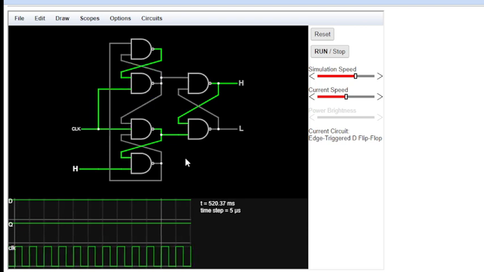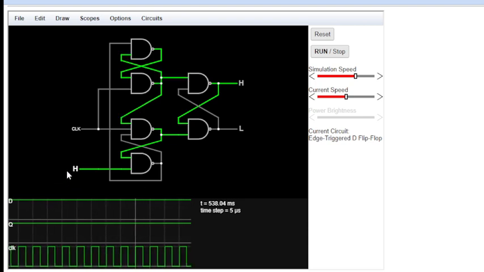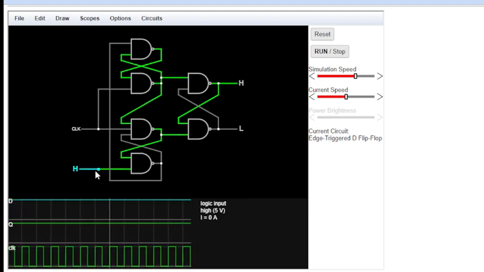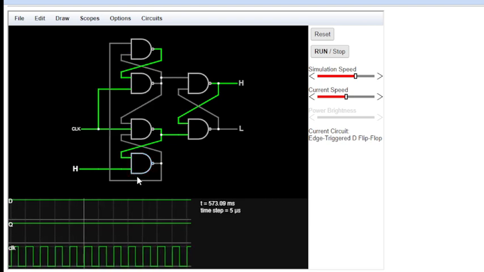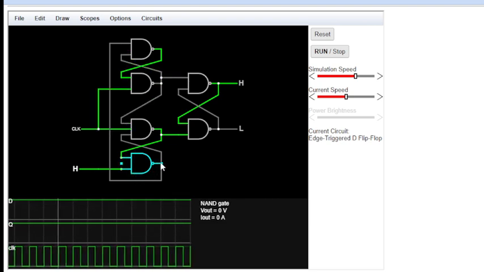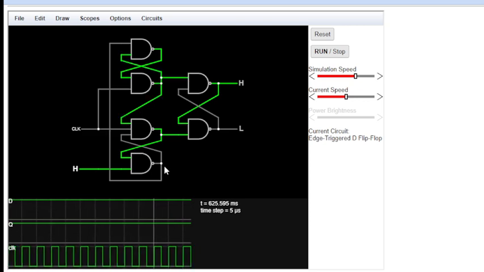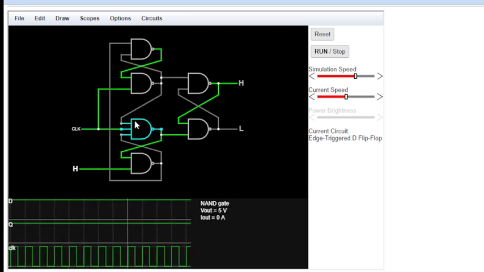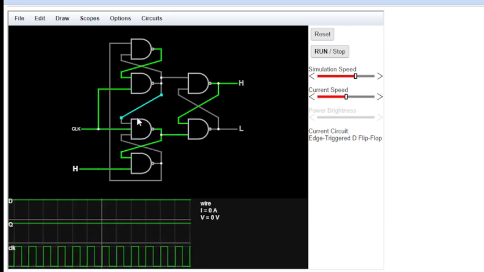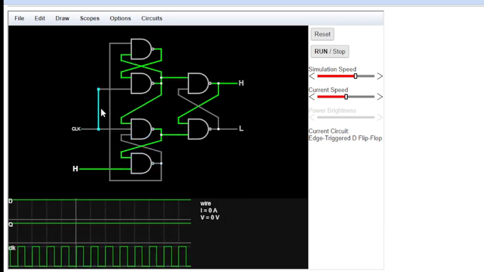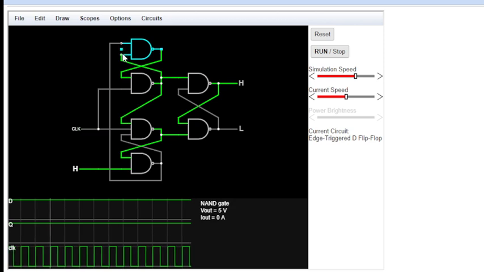First of all, here we have the input as high, which comes into a NAND gate, and this output is shared, becoming the input of both circuits, of this NAND gate, similar to the SR flip-flop, and also becoming the input of this NAND gate.